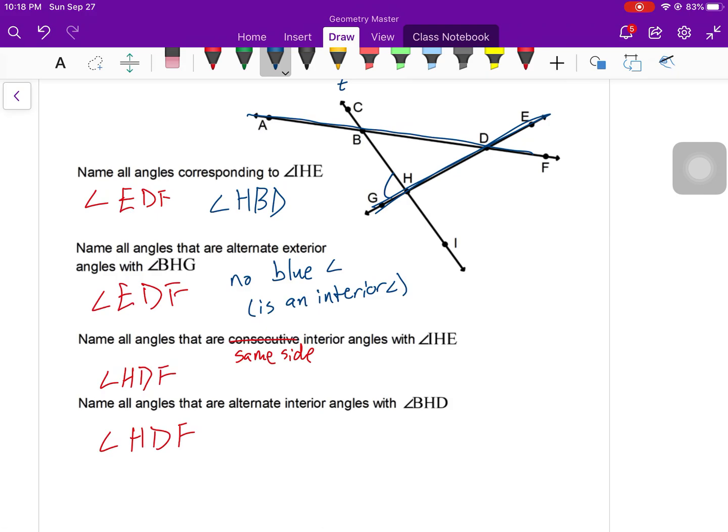Now, if I go on to the next angle, IHE, that's below that bottom blue line, so that is going to be an exterior angle. So again, since I'm looking for interior angles, there'll be no blue angle for this one.